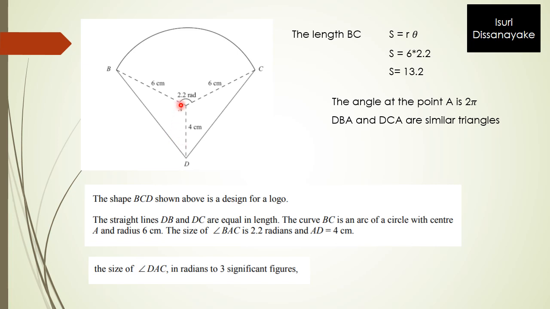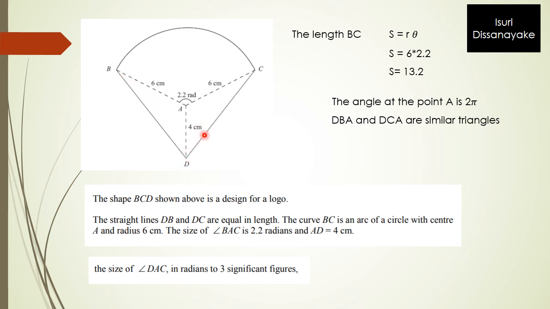Why do we say they are similar triangles? Length BA is 6 centimeters, and CA is 6 centimeters. AD is 4 centimeters and it is common to both triangles.